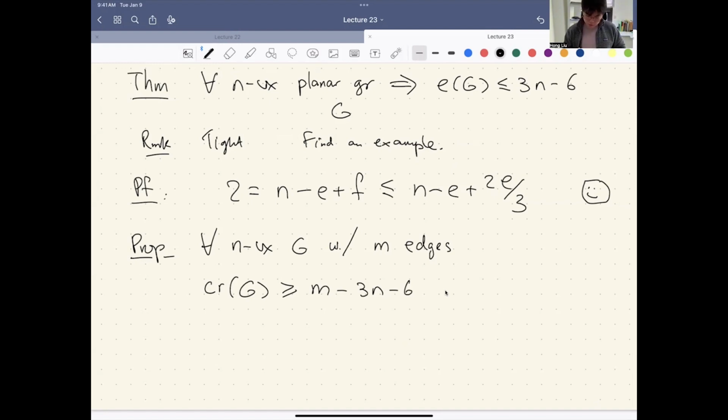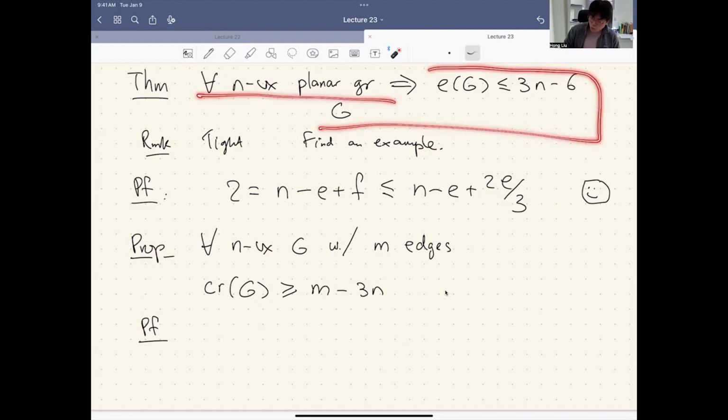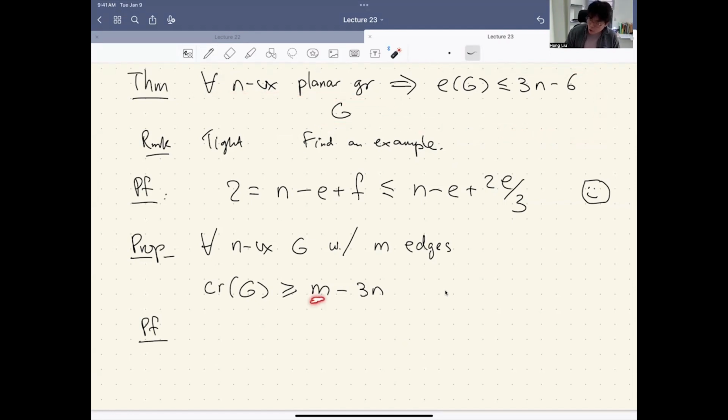Let me, I don't care about the minus 6. Okay, at least m minus 3n. The proof is also very simple. The idea is that by this theorem above, when your number of edges goes above 3n, you must have one crossing, no matter how you draw it, because it cannot be planar.